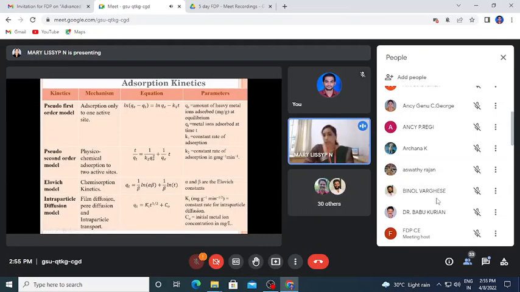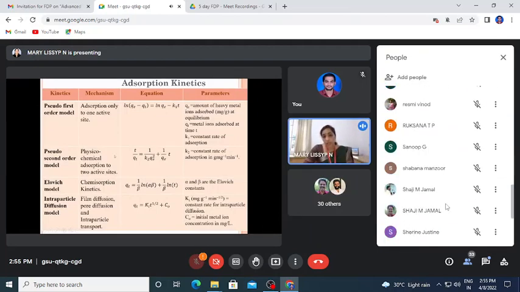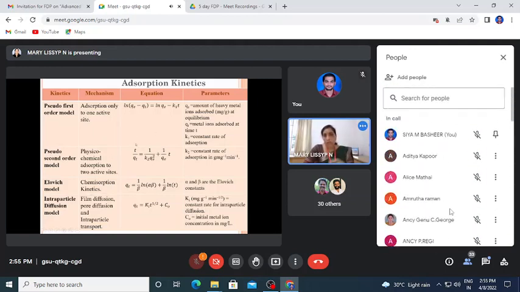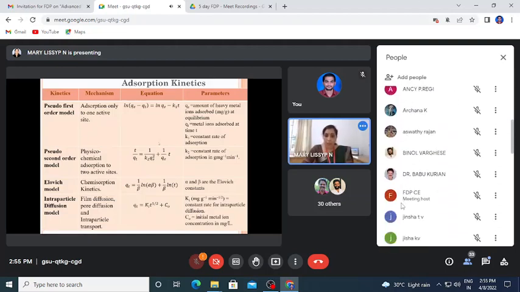What is the mechanism behind the adsorption that took place in our study? That should be checked using adsorption kinetics. If it is the pseudo second order model, we can conclude that both physical and chemical adsorption have taken place in our adsorption study. That should be the conclusion.